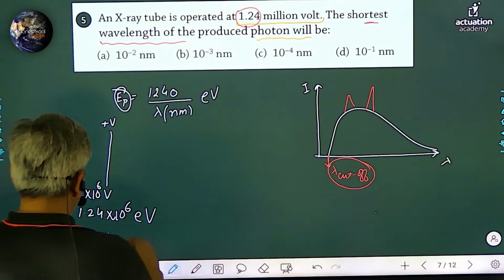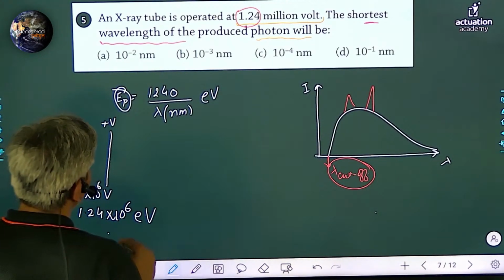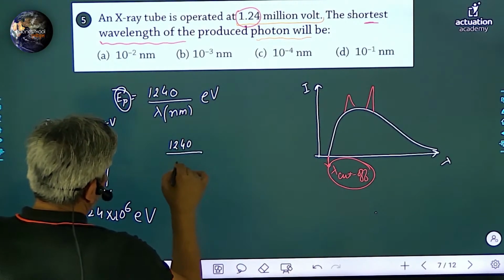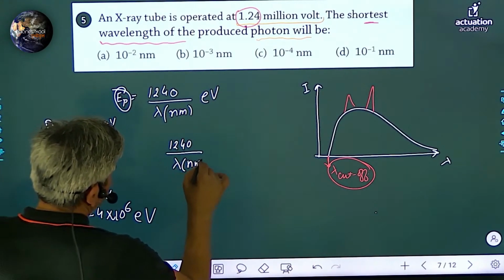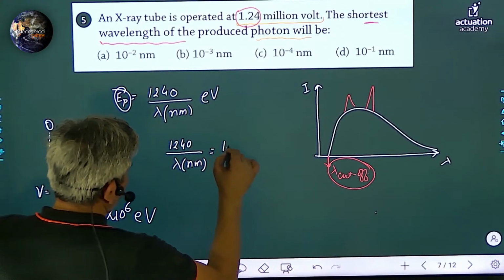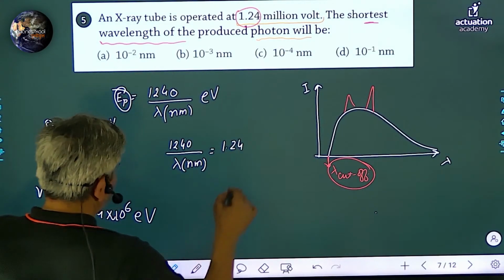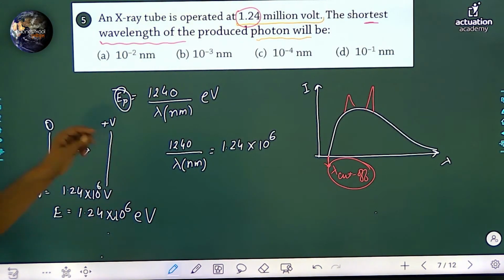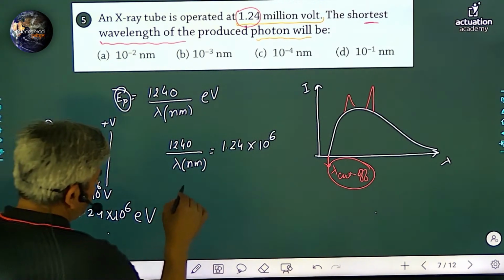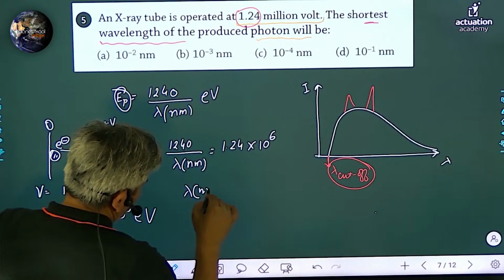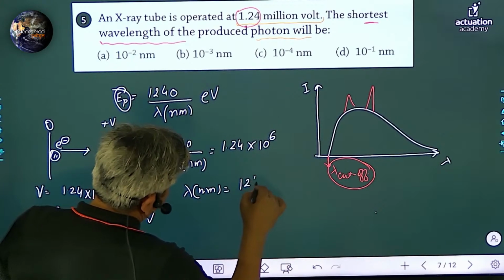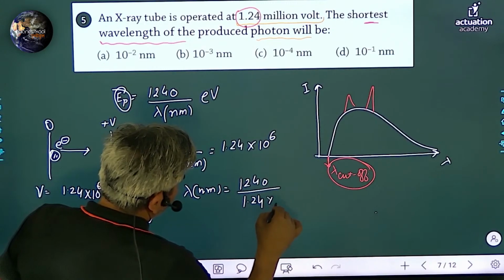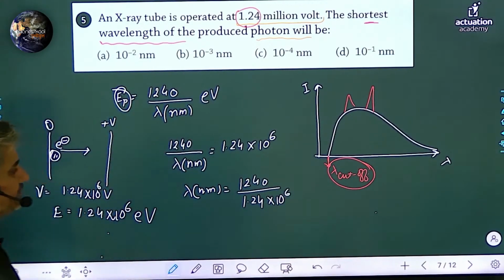So 1240 over lambda in nanometer is equal to 1.24 into 10 raised to power 6, because both are in electron volt. So lambda in nanometer can be calculated as 1240 over 1.24 into 10 raised to power 6.